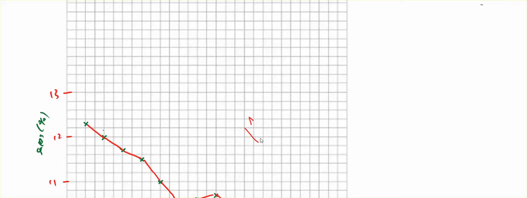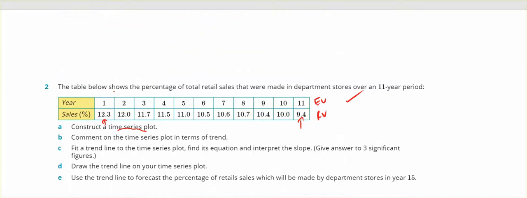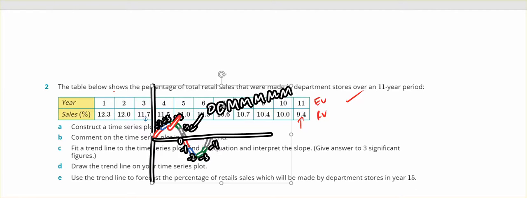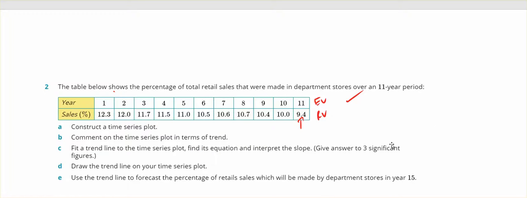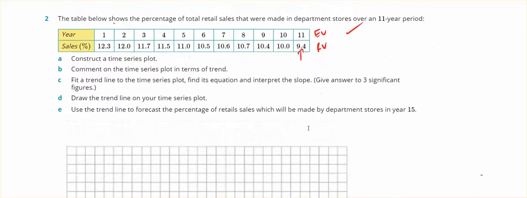So we've done our scatter plot. Our next task is to comment on the time series plot, or fit a trend line.